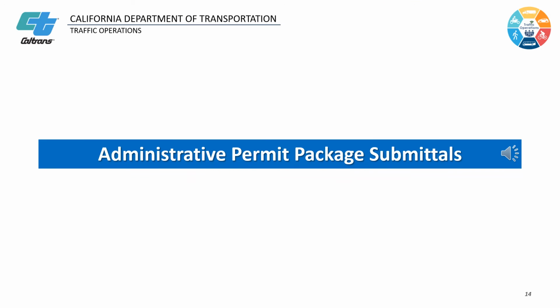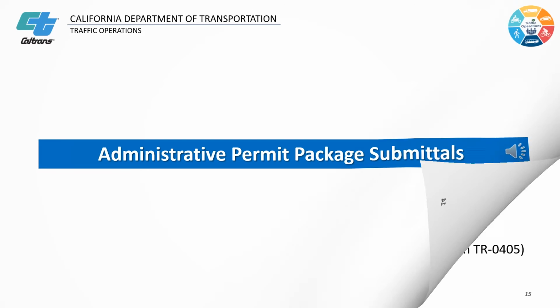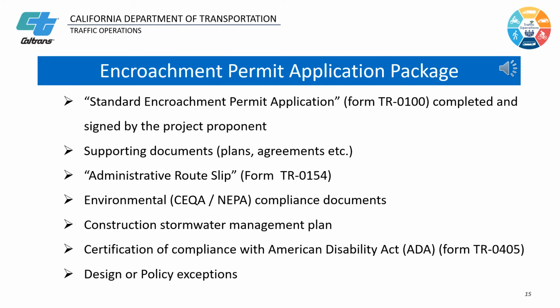Before encroachment permit staff review a permit for completeness, an encroachment permit application package needs to be prepared and submitted to the district encroachment permit office. The application package must include the items shown. The standard encroachment permit application, Form TR0100, must be completed and signed by the permit applicant.